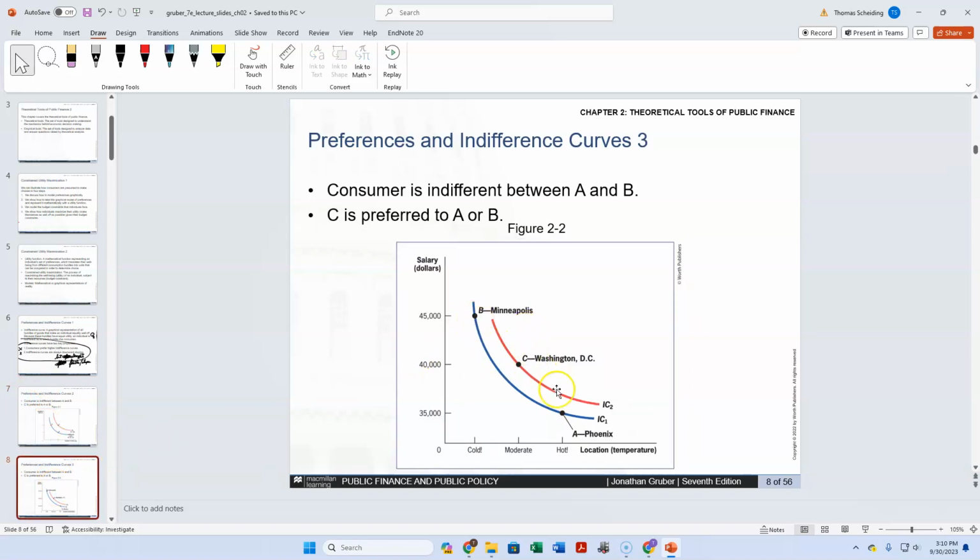And at any 2 points along the same indifference curve, the consumer would be indifferent, meaning there'd be no strong preference one way or the other, hence the name indifference curve. And that points on a higher indifference curve are preferred, strictly preferred.